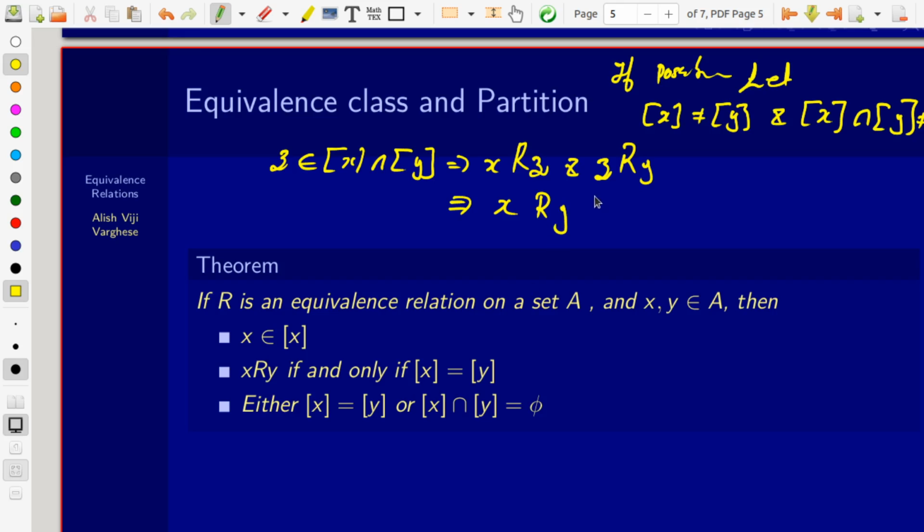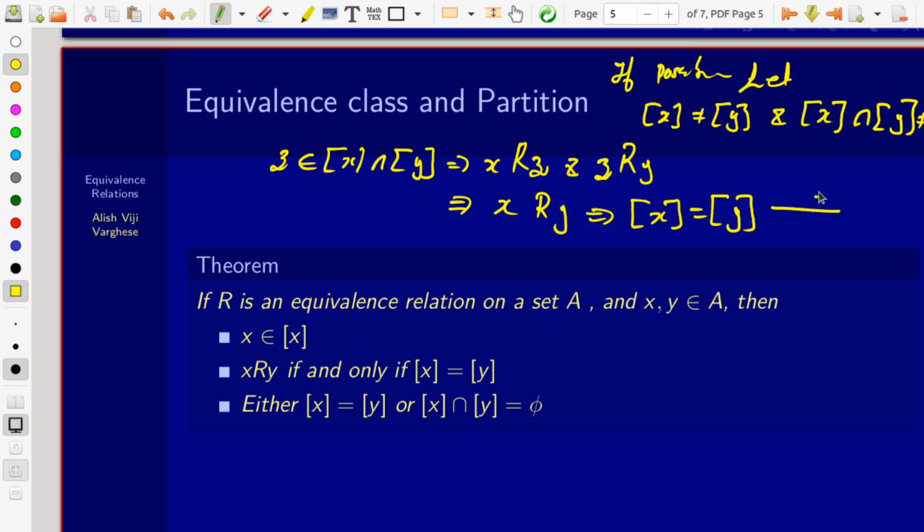But if x is related to y, this implies that the equivalence class of x is equal to the equivalence class of y. But we started with the assumption that the equivalence class of x is not equal to the equivalence class of y.